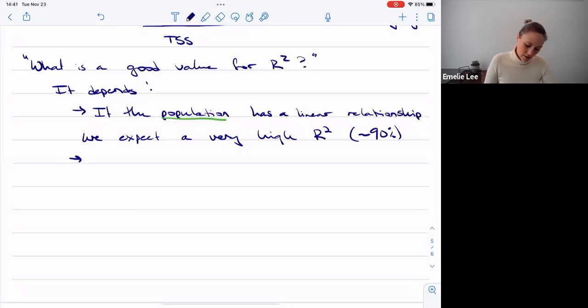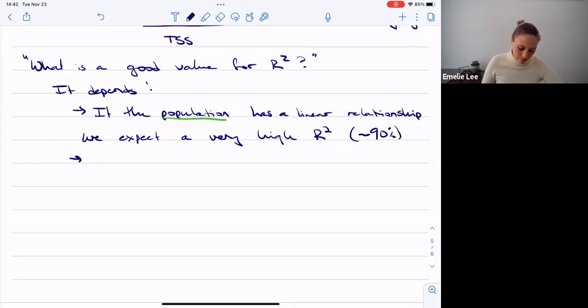Okay. If the population is not linear, and we're trying to approximate it with a linear model, then we expect kind of a low R squared. We can do that. We should try to find better models, but a lot of the time we don't know what a better model would be.